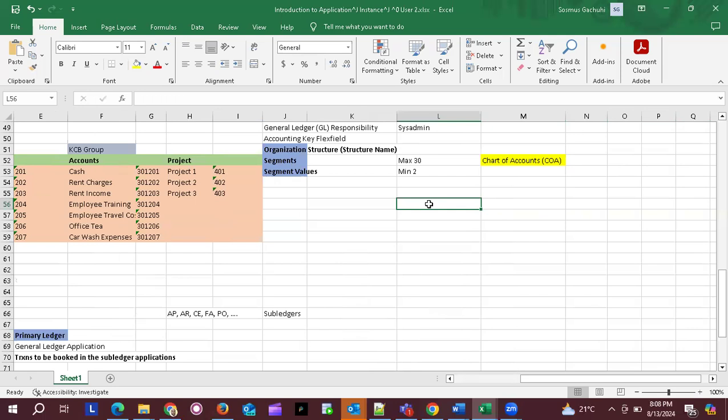So what happens is that you may have, for instance, something like companies. Create company. You have cost center.